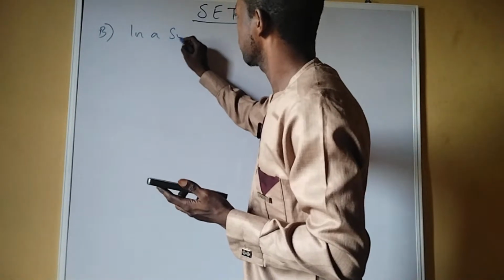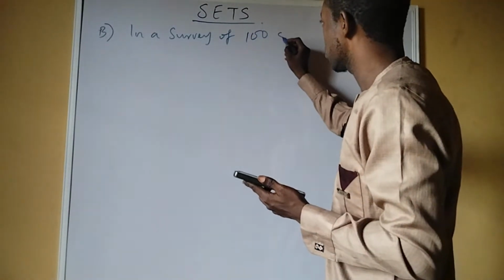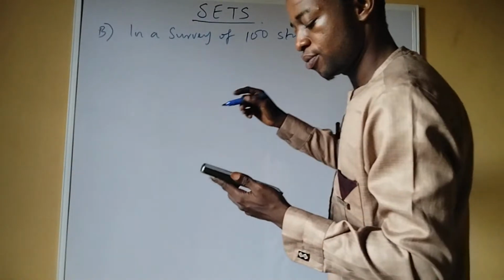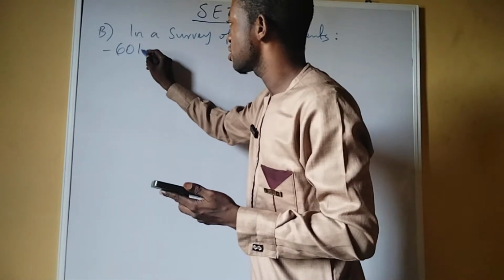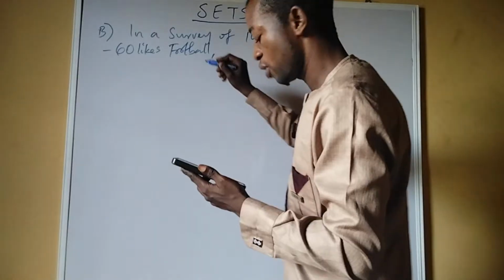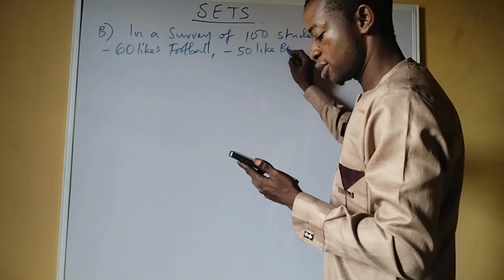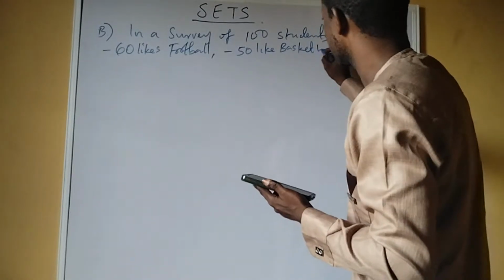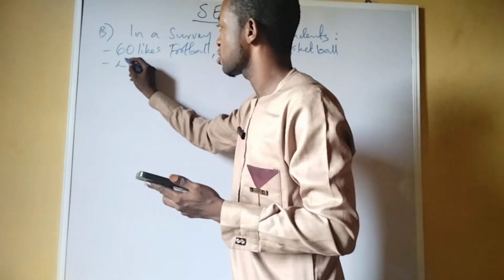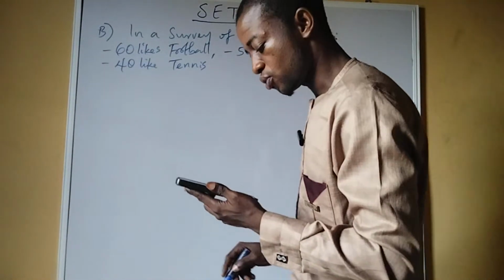In a survey of 100 students, we have the following: 60 like football. 50 like basketball. 40 like tennis. So that's three sports we are talking about.